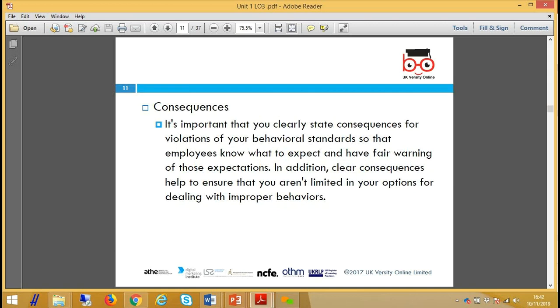And then there are consequences for these behaviors. Normally your policies will specify consequences. For instance, with suspicion of gross misconduct, you can be suspended without pay or with pay, depending.